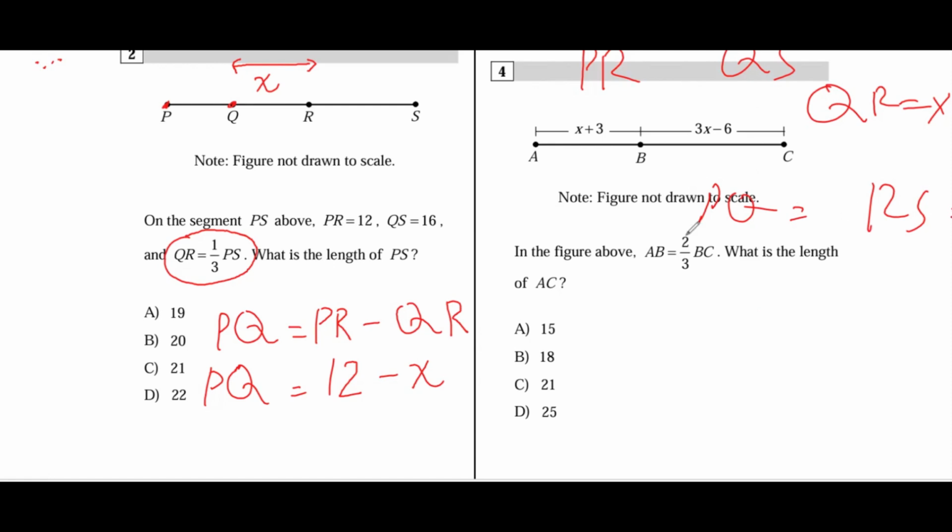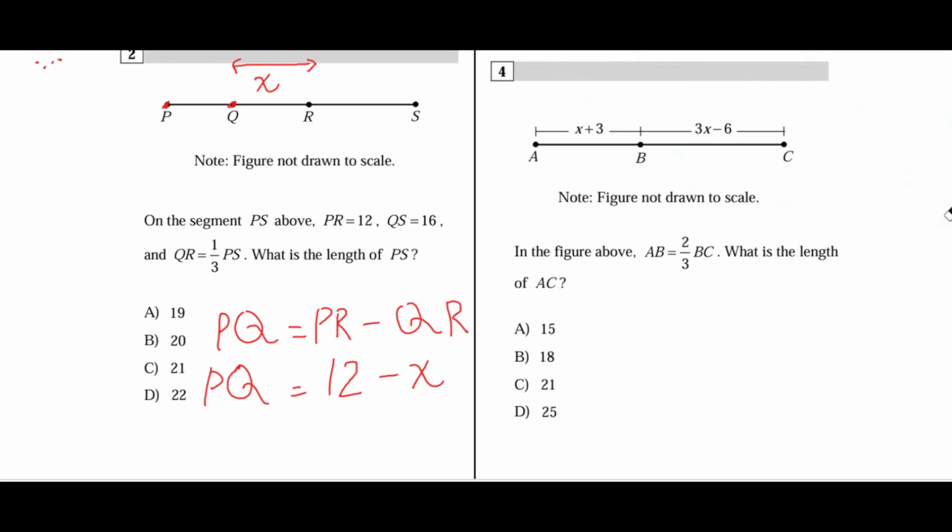So we have to find them. But QR is given, why does it become X? QR equal to X, we just suppose. So we substitute X in the place of QR at the end of the day.